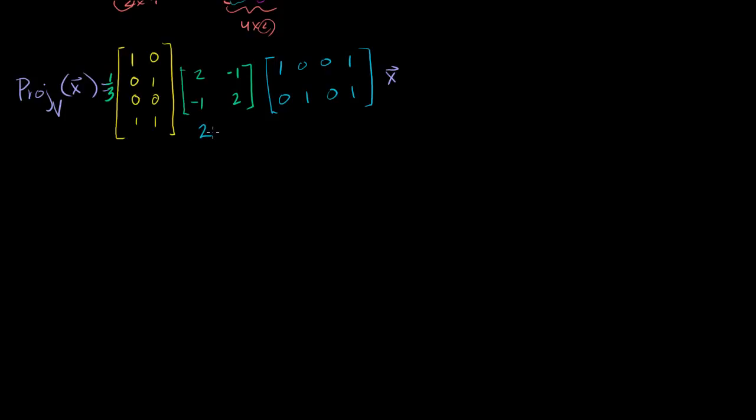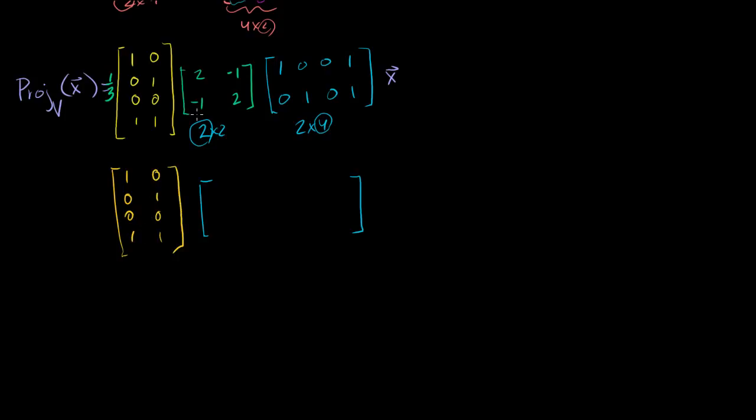So we have, this is a 2 by 2 matrix, and this is a 2 by 4 matrix. So when I multiply them, I'm going to end up with a 2 by 4 matrix. So let me write that 2 by 4 matrix right here. And then I can write this guy right here. 1 0 0 1 0 1 0 1.